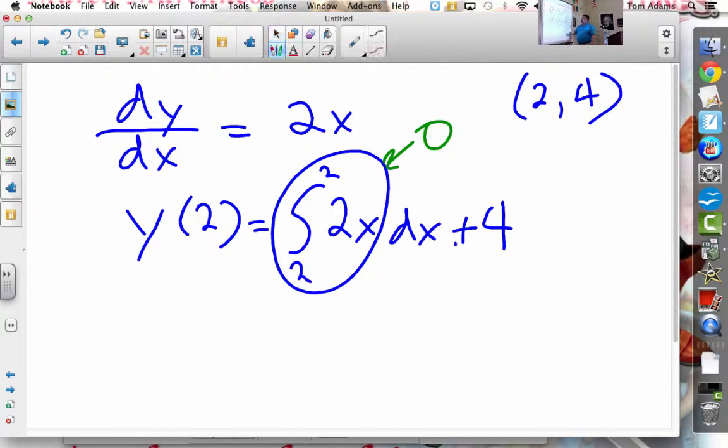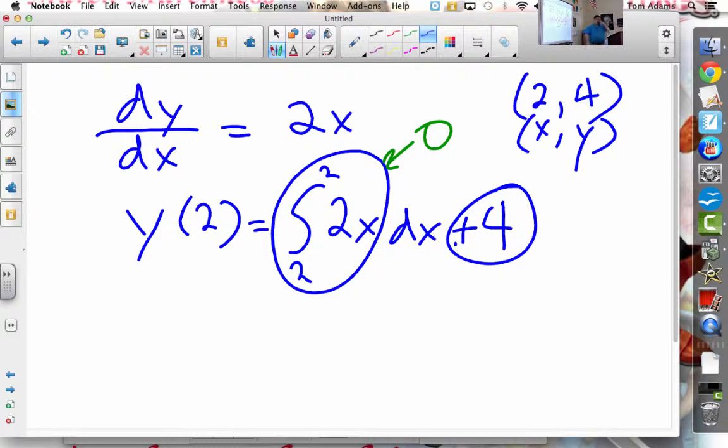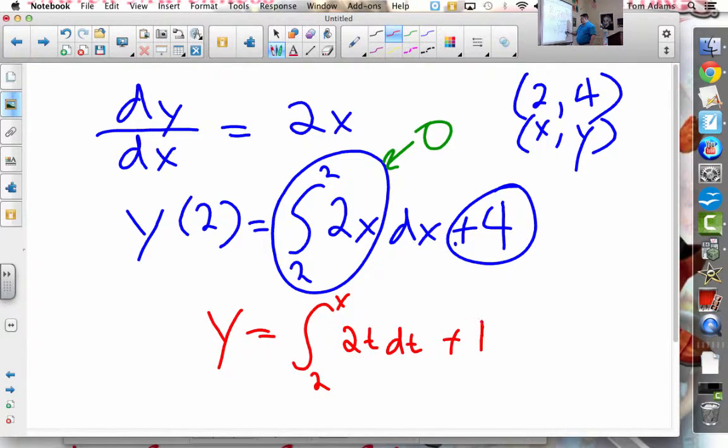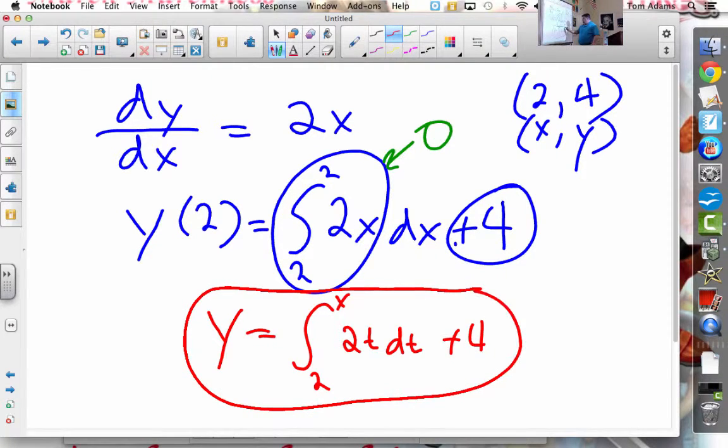But it isn't equal to 0 because when x equals 2, y equals 4, right? So the only way I can get 4 is I've got to tack on this plus 4 at the end. Now, what does that mean? That means that my function y is equal to the integral from 2 to x of 2t dt plus 4. This is my function.